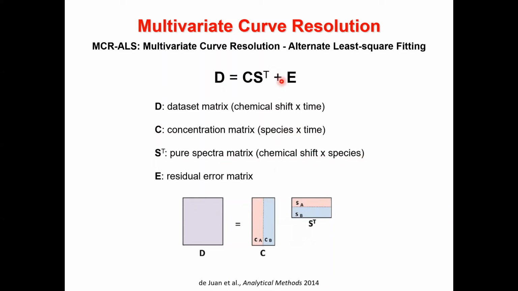Plus, if you compute this, you will also have a residual error matrix E. By iteratively improving, recalculating these two, the C and S matrices, and imposing a constraint where the fitting stops when E reaches a minimum value, you can extract from the raw data the concentration profiles in time and the pure spectra.